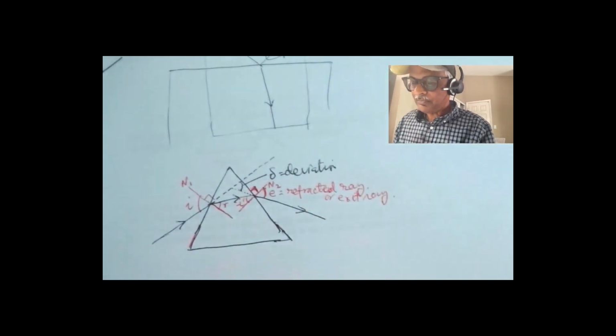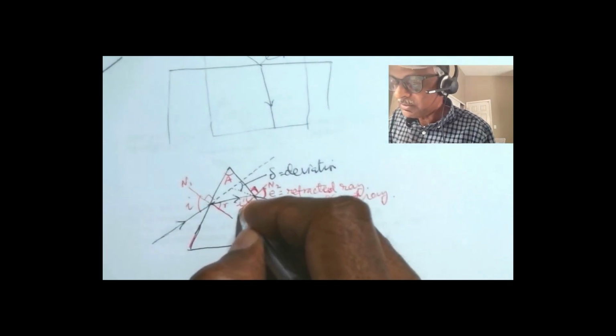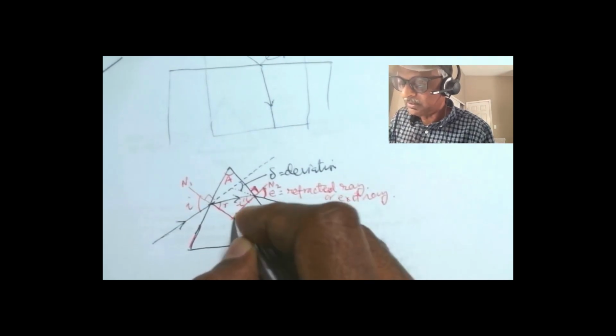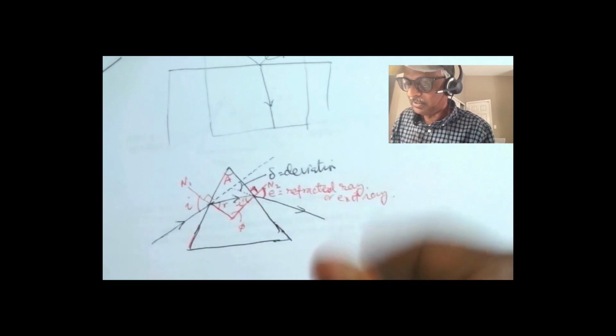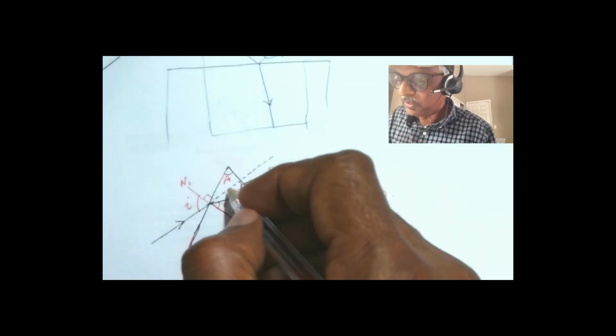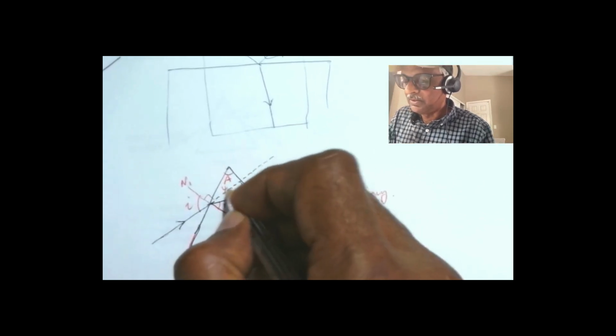Now this angle over here, we'll call it A, apex A. And this 90 degrees, they actually meet up. This is not 90 degrees. This is some angle, say phi or something. And then there is this angle over here, let's call it psi.